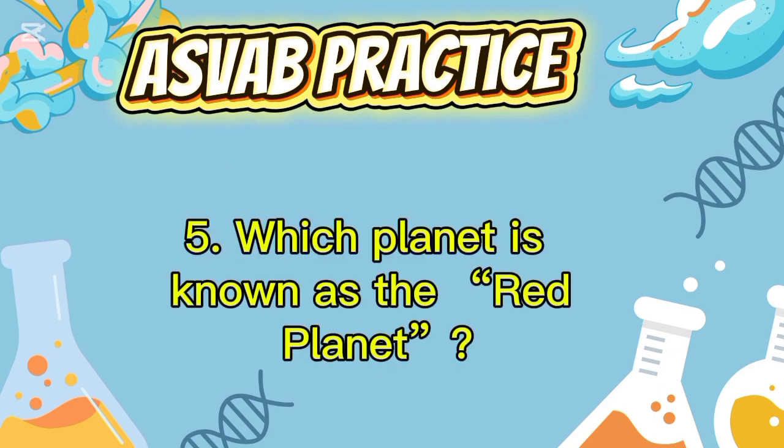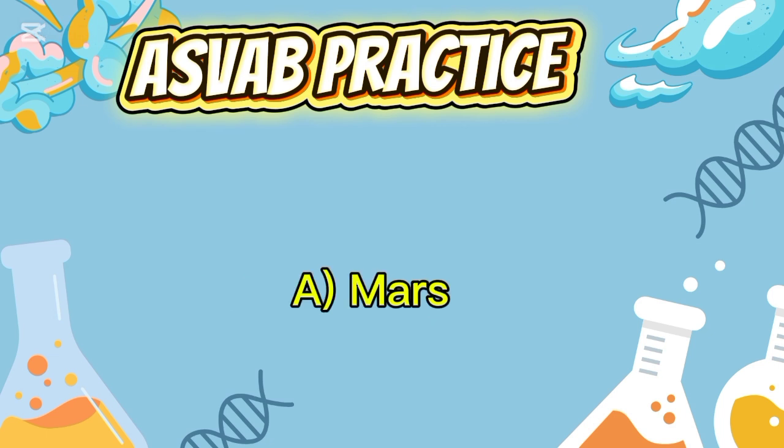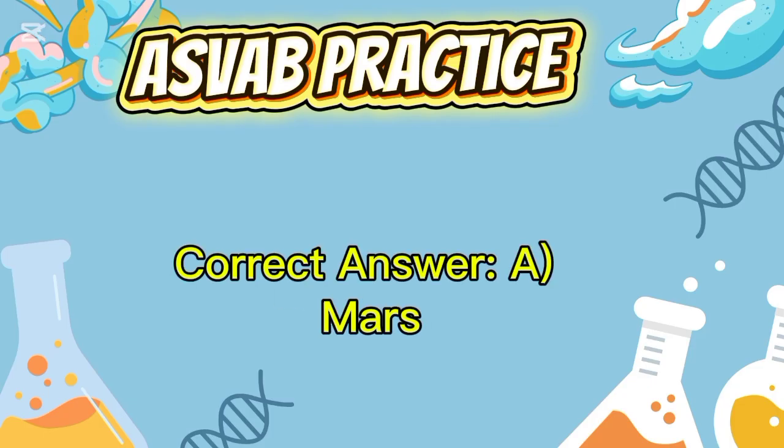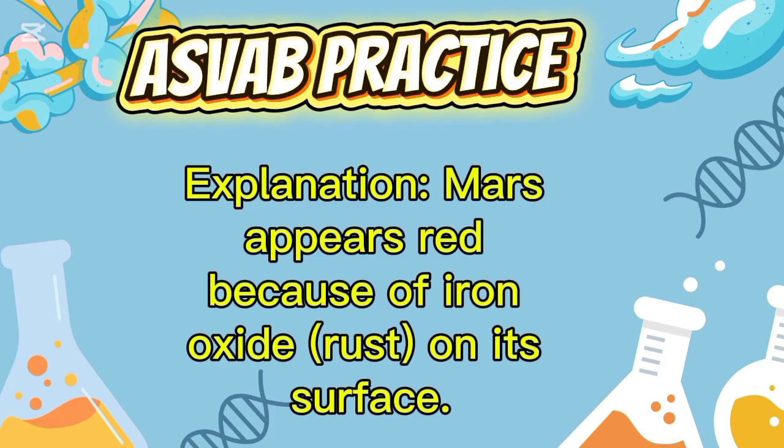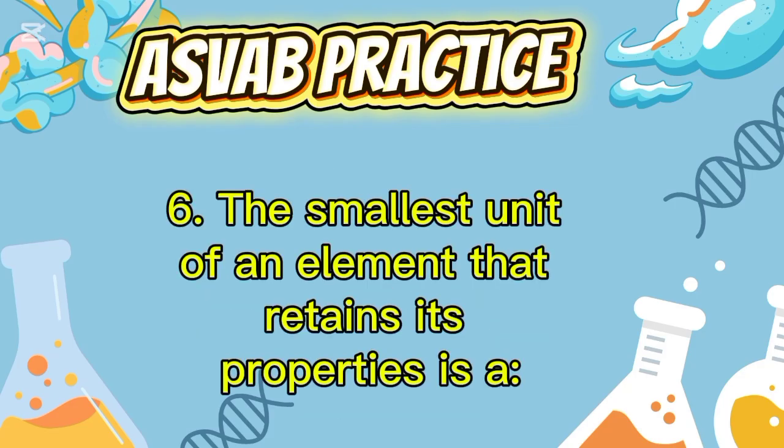5. Which planet is known as the red planet? A. Mars. B. Venus. C. Jupiter. D. Saturn. Correct answer, A. Mars. Explanation. Mars appears red because of iron oxide, rust, on its surface. 6.